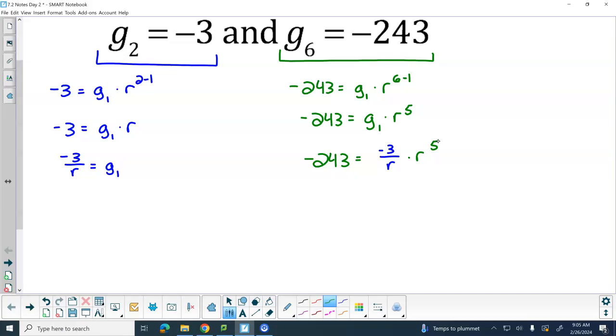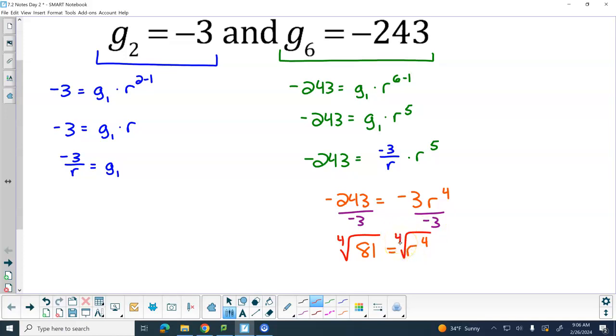Then we can solve that. And what do we get for r?